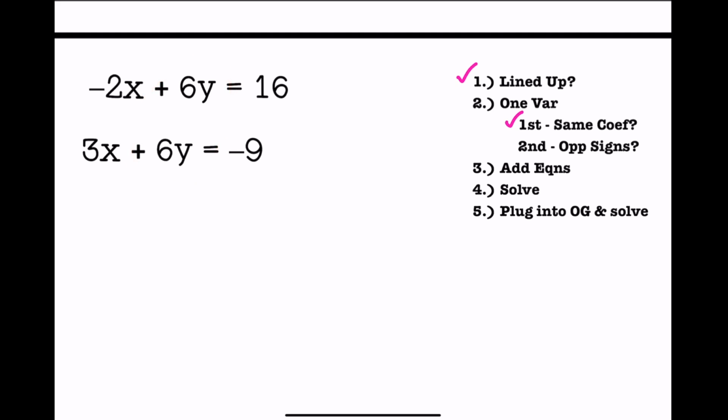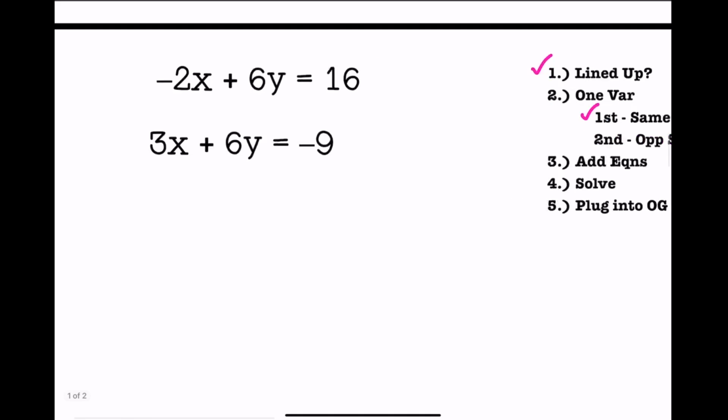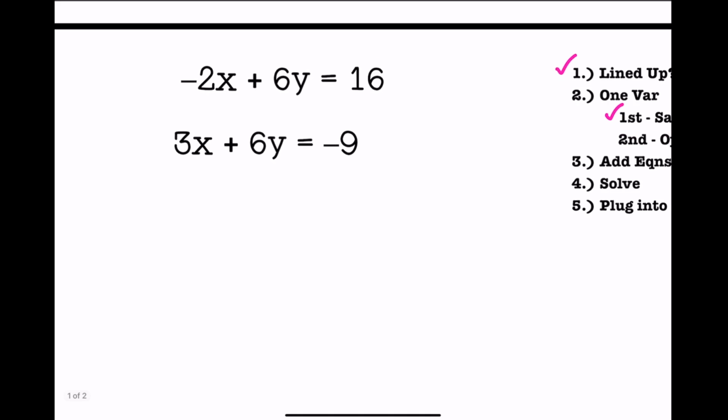So, once again, we're going to multiply a -1 to one equation. Okay? And again, I like to multiply the bottom. That's just how I roll. So, multiply this bottom equation by -1. -1 times 3x, -3x. -1 times 6y, -6y. Equal sign can't be multiplied to a negative, so just bring it down. -1 times -9, a 9.